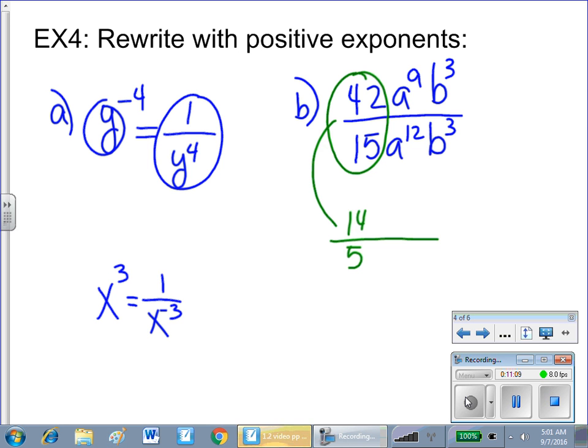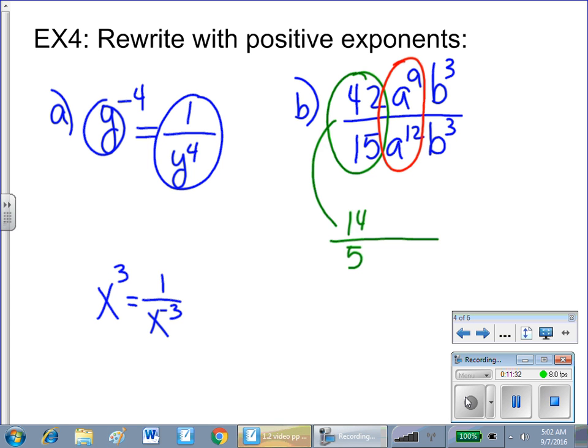The next thing we're going to do is simplify the 8 to the 9th and the 8 to the 12th. We're going to divide those. Think about it this way: how many numbers apart are 9 and 12? 9 and 12 are 3 numbers apart. Now we have to decide where to put the 8 to the third.